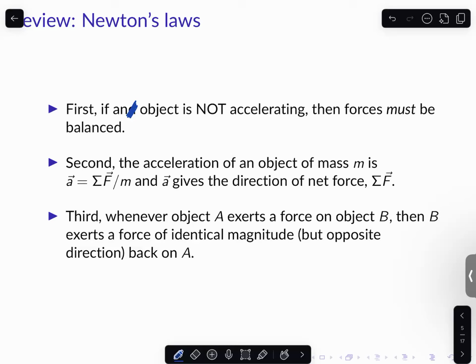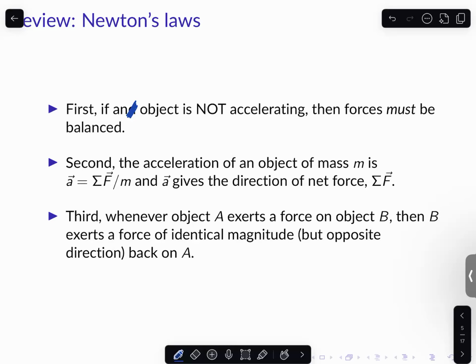Third law says if A pushes B, B pushes A, and I want to be precise, the amount of push is the same, the direction of push is the opposite. The big goof here is people introduce three objects into it. If the table supports the water bottle and the earth pulls on the water bottle, those aren't third law pairs. That isn't action and reaction.